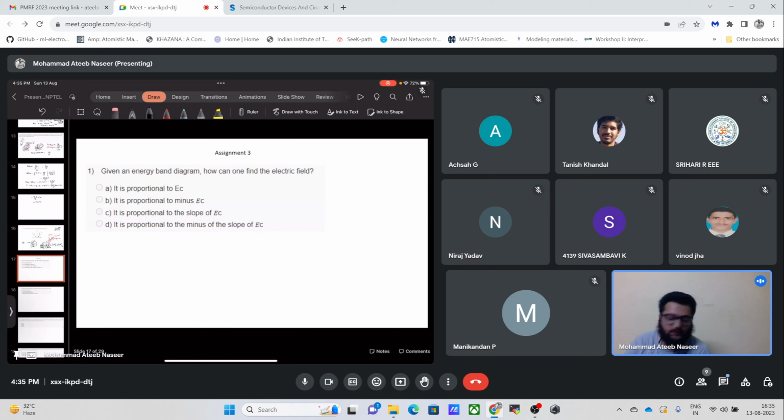How can we find this electric field just by looking at the shape of the energy band diagram? Let me be clear again that you should devote some time to these energy band diagrams and band structures, because everything in semiconductors happens at the interfaces. For example, when I draw the p-n junction, which we will see in upcoming lectures, I will have p-type material on one side and n-type material on the other side.